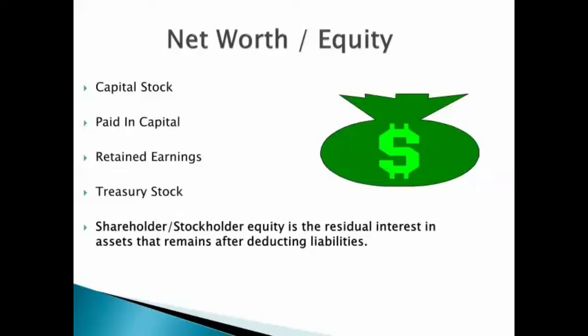So basically, if you were to look at the retained earnings on a balance sheet of a company as of December 31st of 14, and let's just say the retained earnings are $3 million. And let's say in 2015, at the end of the year, they make $750,000.